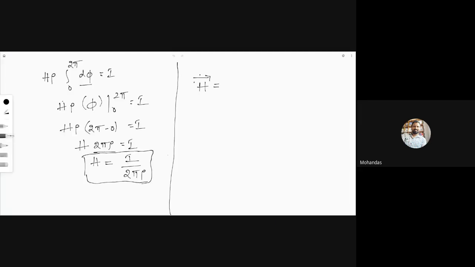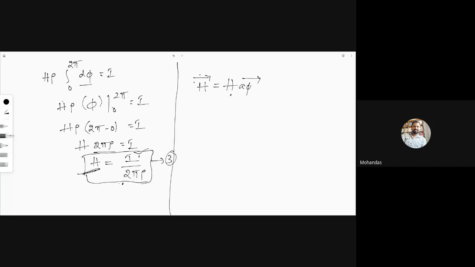Now we'll take that equation, H equal to H into A phi. Now substitute this H value. What is the H value from this equation? This is, let us say, equation number 3. H magnitude is I by 2 pi rho.